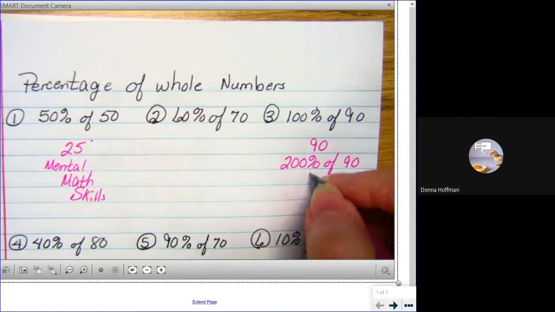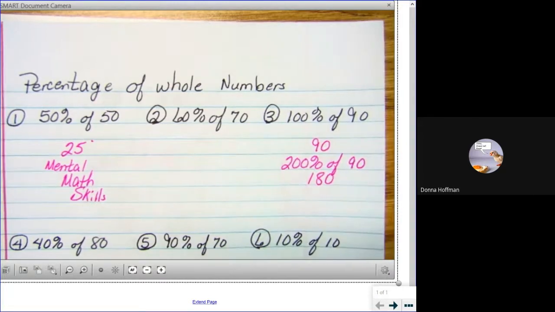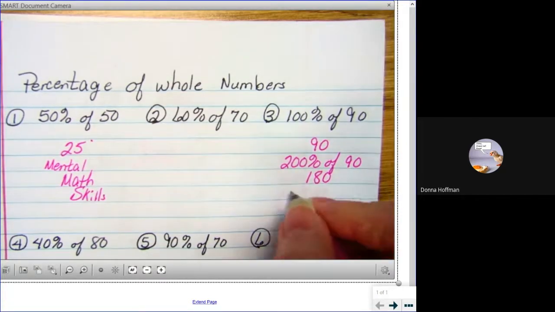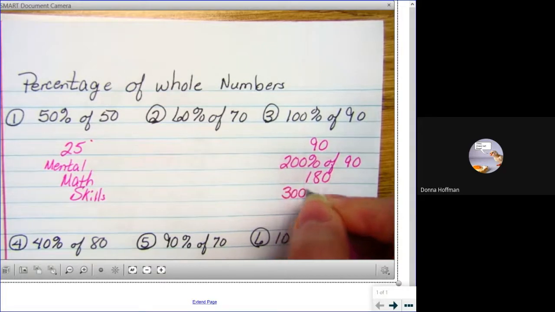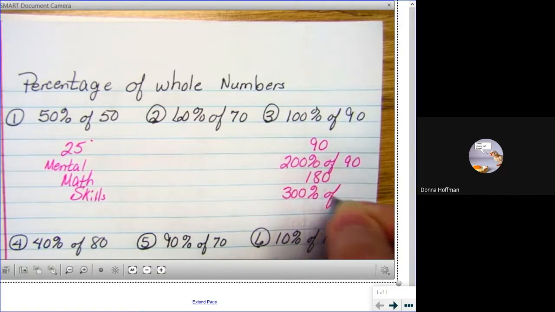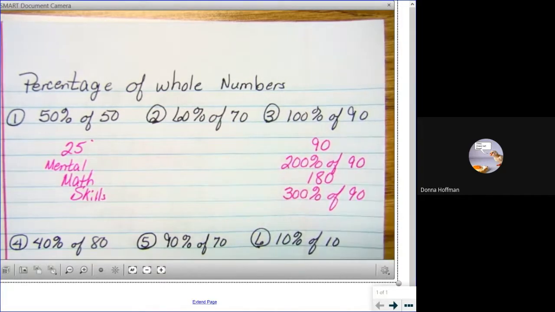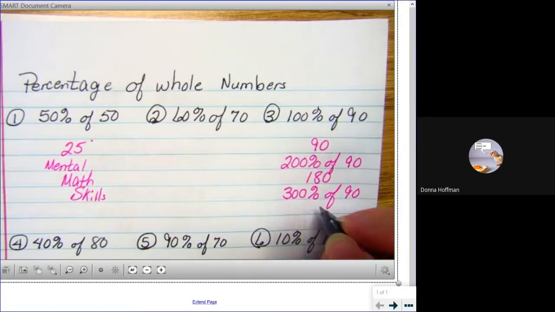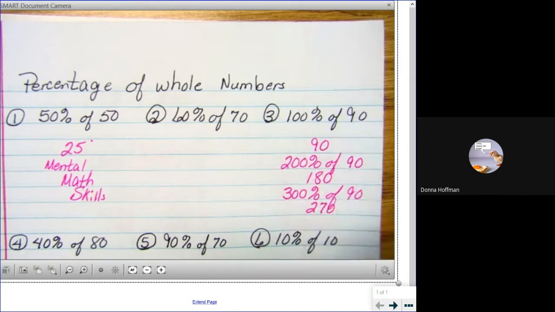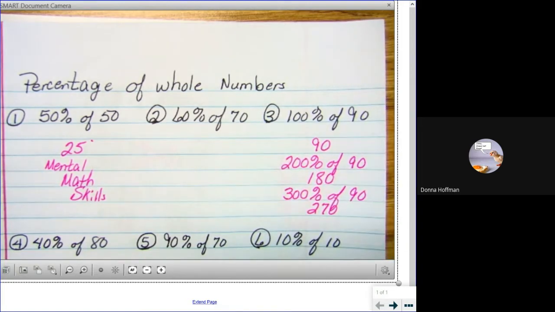So it's going to be 180. What if it's asking you for 300% of 90? Not 2,000, 270. But you were on the right path, though. You just had too many zeros. So you get the idea about whenever they ask you 100% of something, or maybe 200% of something.